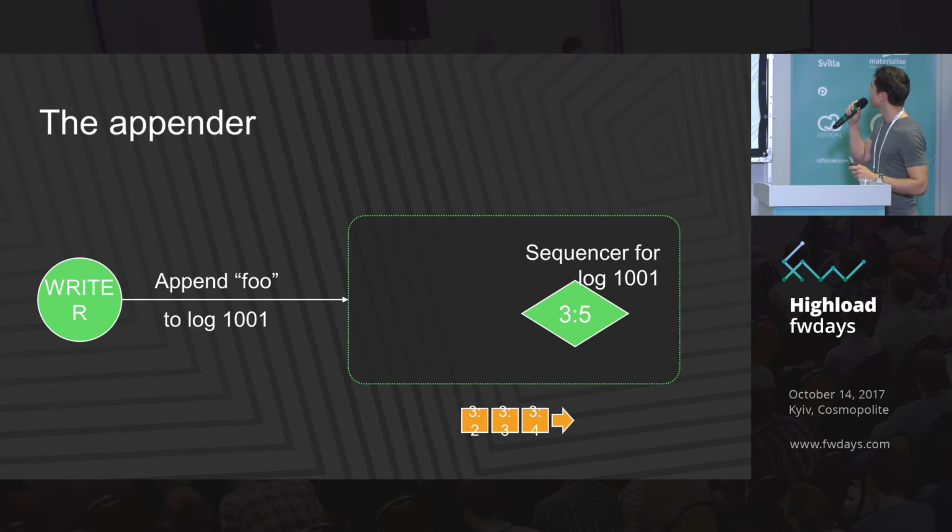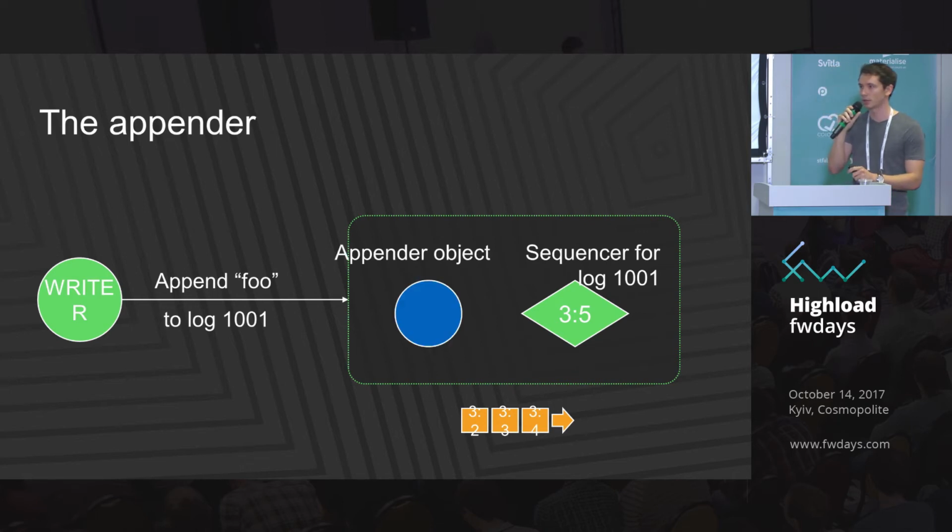So let's look at the writer. When a writer sends an append message, there is an appender object, which is trying to save this record to multiple machines. We want to save it to multiple machines because we don't want a single failure to lose it. We want to make sure that this record is saved on multiple machines, and we want to be able to find it even if something failed.